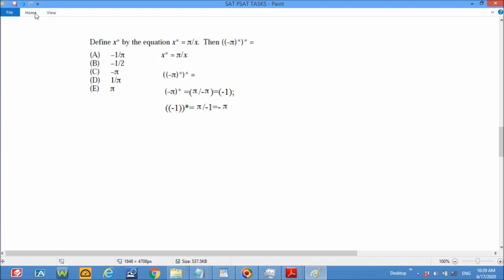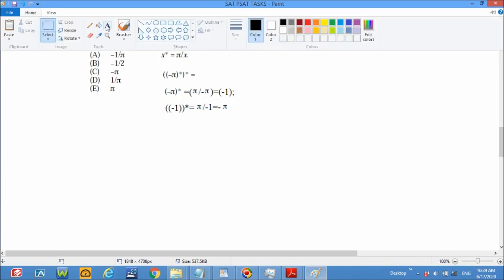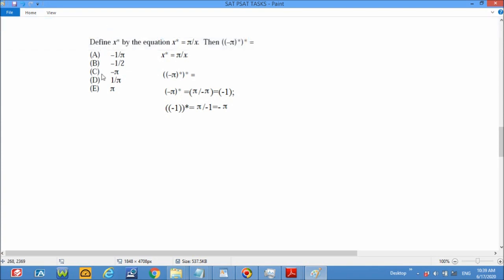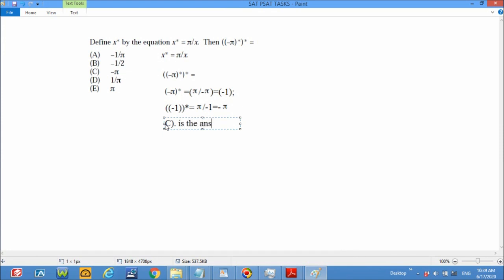So we can find that minus P is C. We write here C is the answer. Again, I hope it's understandable. If you don't understand, you have my email, write me, I will explain as much as possible. If you are not satisfied, you will be refunded.